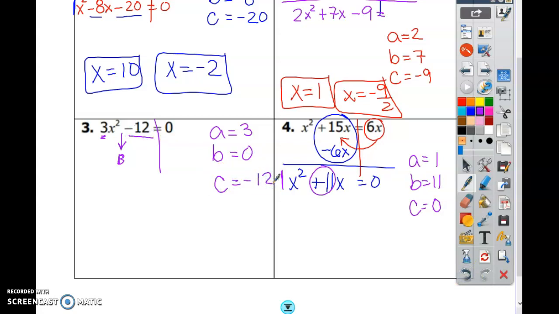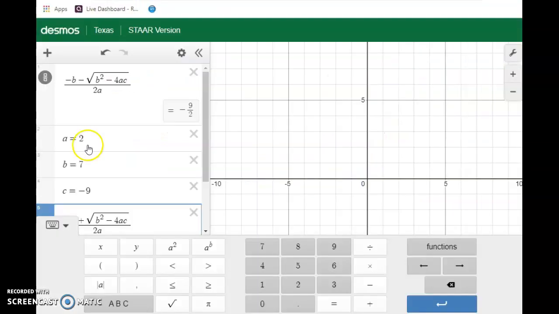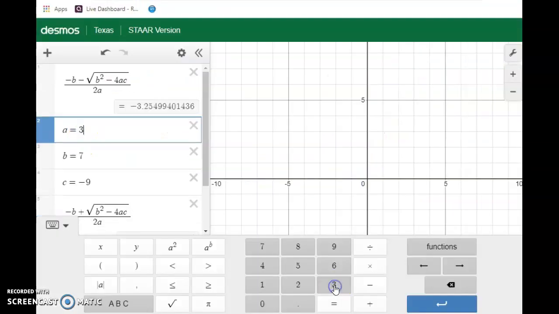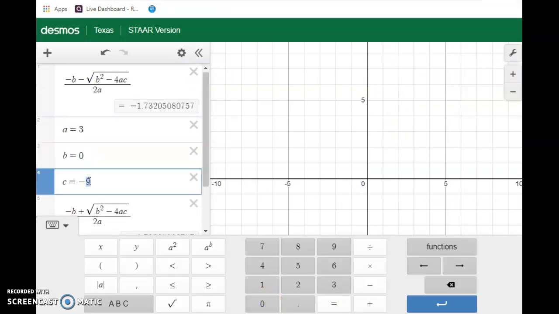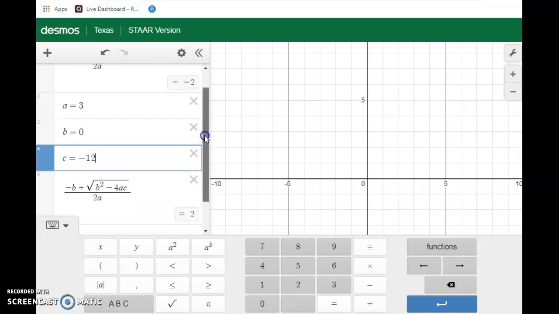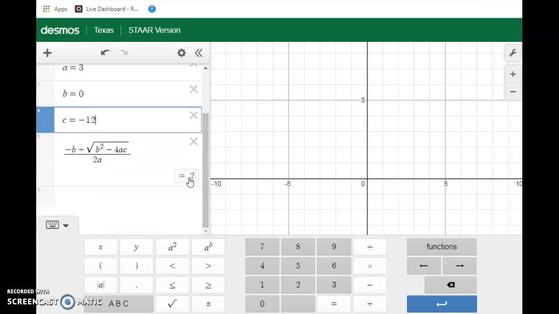So when you type it in Desmos, those are the numbers you're typing in to get your two solutions. So let me type 3, 0, and negative 12. My two answers are negative 2 and positive 2.